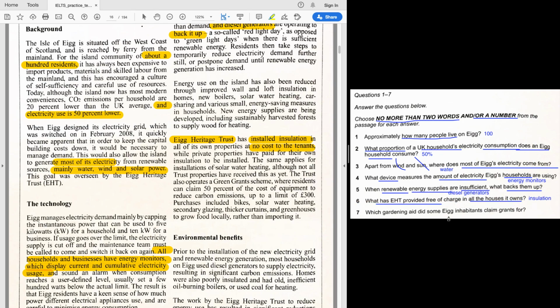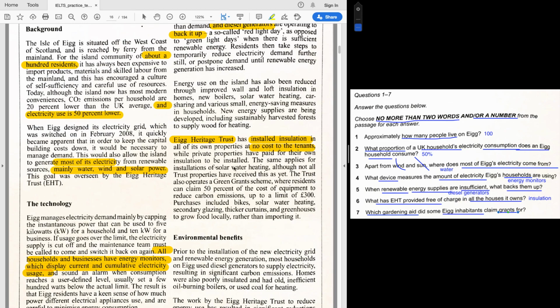And the last one: which gardening aid did some EG inhabitants claim grants for? The key piece here is gardening aid. What could be a gardening aid? Shovels, tractors, pretty much anything that you use for gardening, for planting, for growing things. EG inhabitants claim, and grants is another key piece of information.